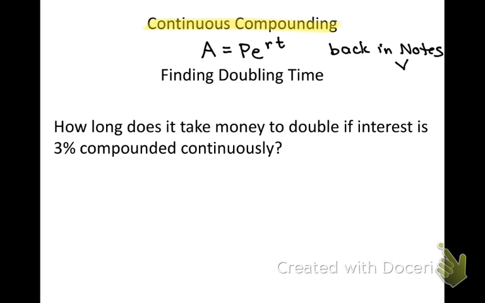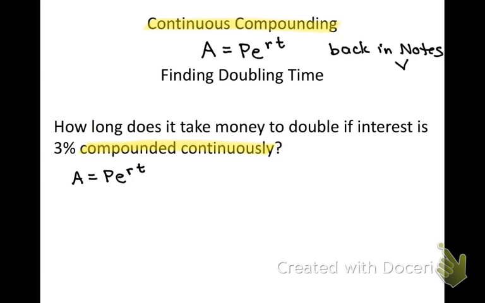Now, new example for this, and it is going to be finding doubling time. So we want to figure out how long does it take money to double if interest is 3% compounded continuously. So key here is that it says compounded continuously. So we know right off the bat we're going to use A equals Pe to the rt.